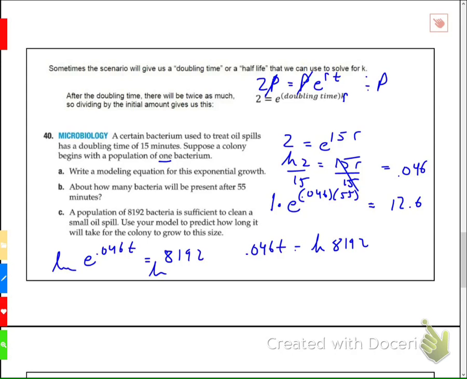This is easy because I only started with 1 bacterium, and that gives it to me. 195.9. So it's going to take me a lot of minutes to get this many bacteria.